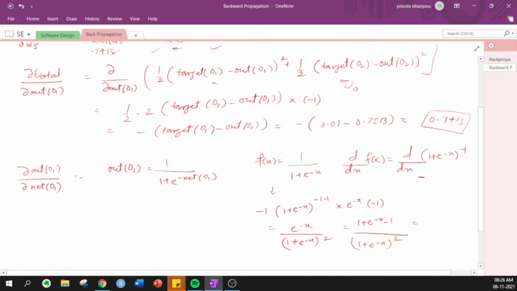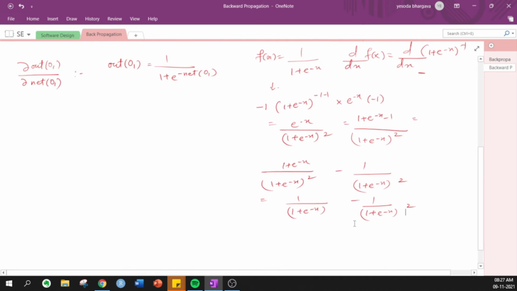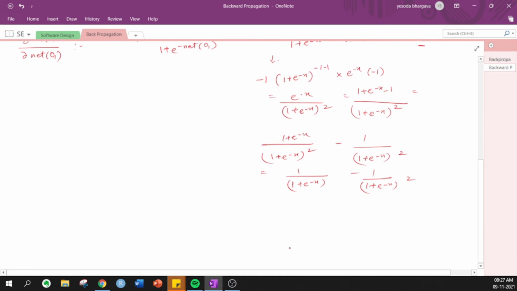If I further simplify it, it will be 1 plus e raised to power minus x upon 1 plus e raised to power minus x whole square, minus 1 upon 1 plus e raised to power minus x whole square. Now, 1 upon 1 plus e raised to minus x is nothing but f(x), so I can write this as f(x), and the second term is f(x) square.